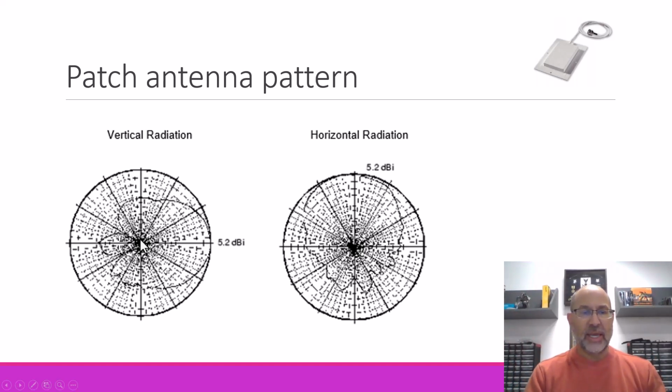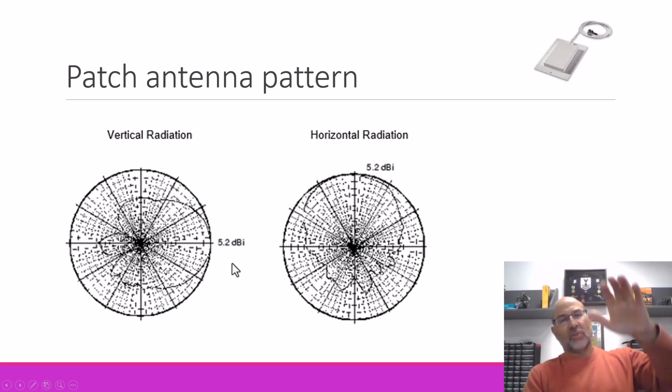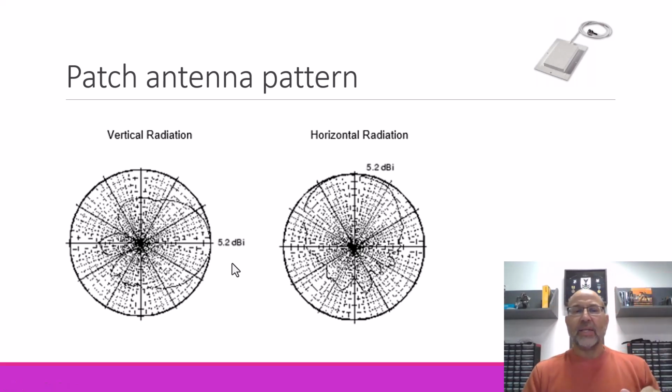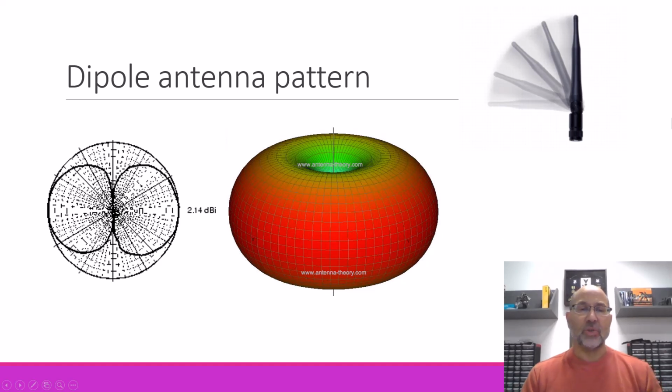And then if I was looking at the side of this, I would also recognize that there's a certain angle for the vertical direction too. And so if I fall inside the horizontal and vertical beam width, then I'm in good shape. Now this contrasts to the dipole antenna direction.